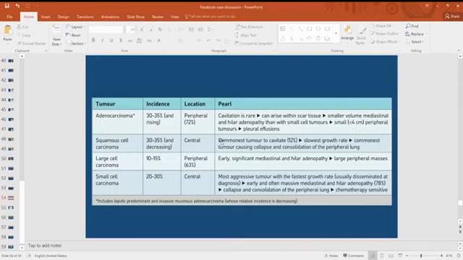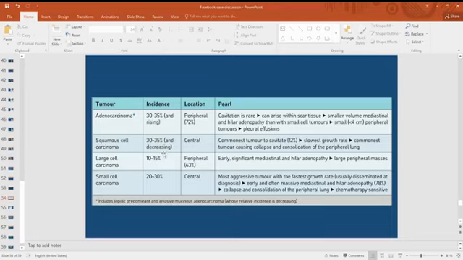We may have a pleural effusion. Squamous cell carcinoma accounts for about 30 to 35% and is decreasing. Adenocarcinoma is increasing and is now the most common lung cancer. Squamous cell carcinoma is central, and it is the most common lung tumor to cavitate.